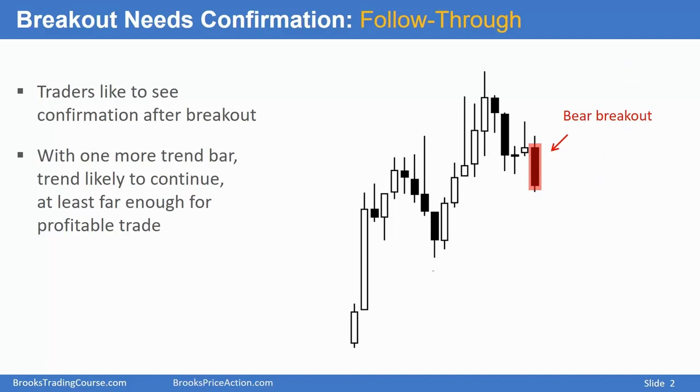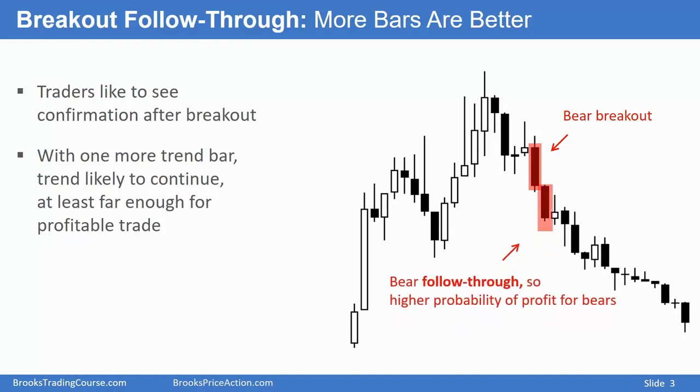So the more consecutive bear bars, the bigger the bear bars, the more they close on their lows, the more likely this is going to lead to a swing down. Next bar, this is the follow-through bar. The first bar is the breakout bar, and the next bar is the follow-through bar. Sometimes the follow-through bar can be the second or third or fourth bar.